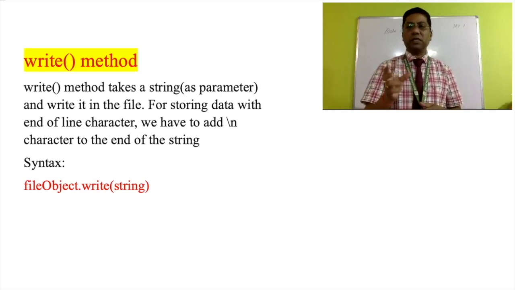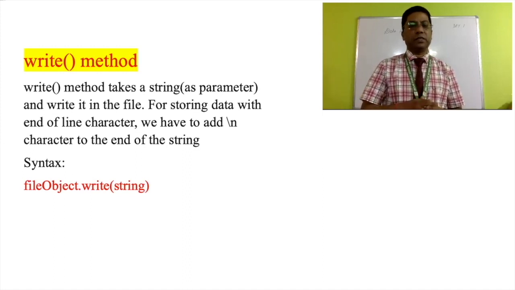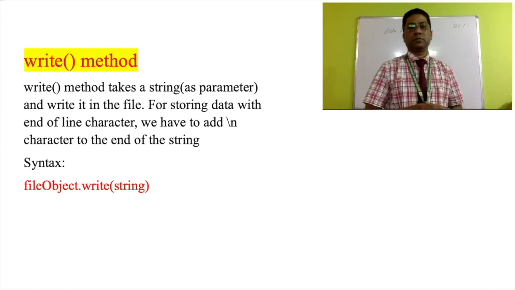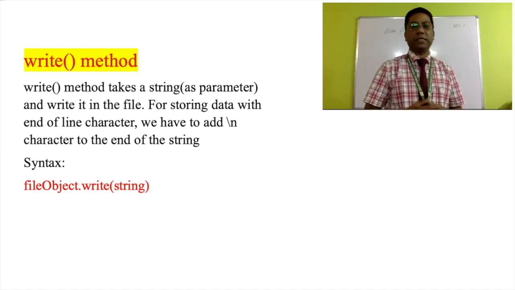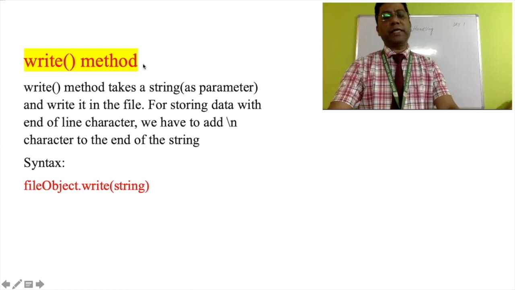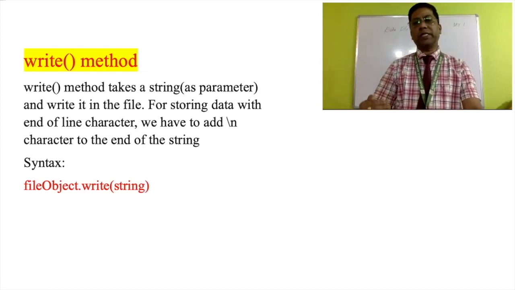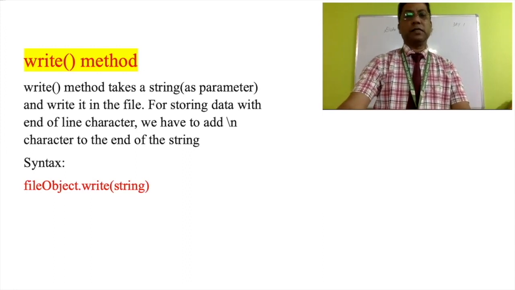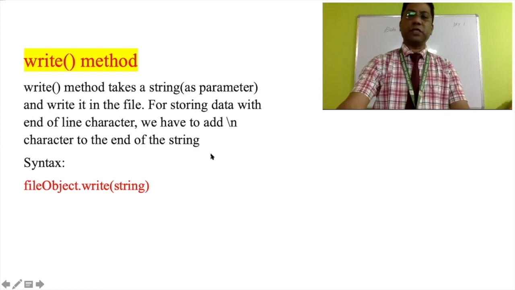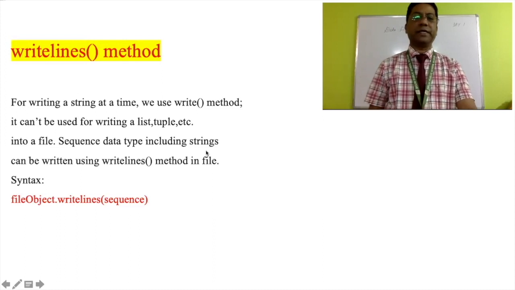You need to convert that number to a string format, then only the write function will allow you to write in the file. In my programs, I will be demonstrating how to write the numbers in a file. Whatever contents you write in the file will be continuous. But if you need to write on a separate line, use \n at the end of the string in order to send the content to the next line.